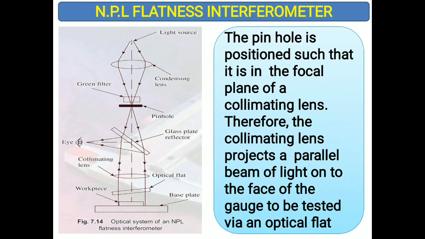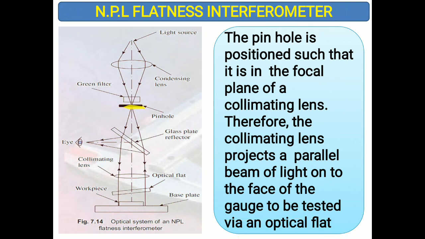So next, this pinhole is positioned in such a way that it is placed in the focal plane of the collimating lens. Therefore the collimating lens projects a parallel beam of light onto the face of the gauge to be tested via the optical flat.